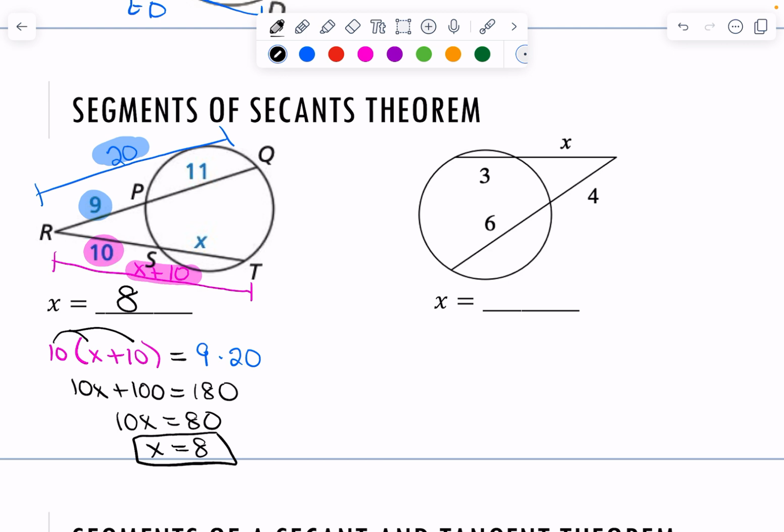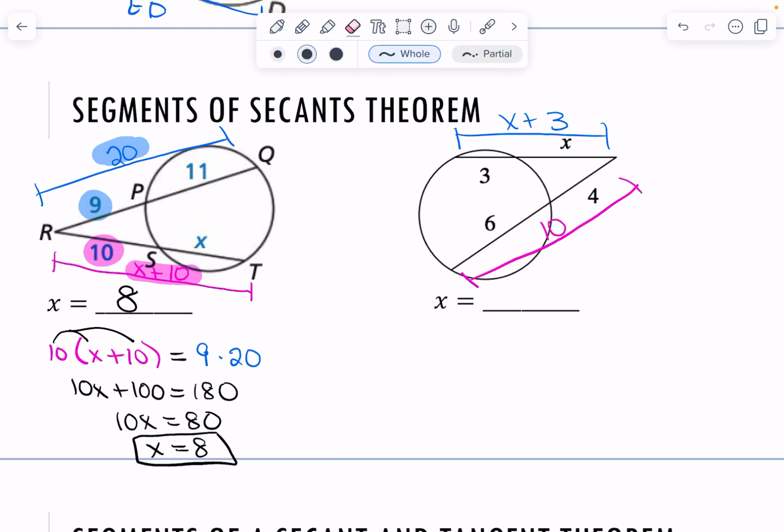Okay, let's try the second one over here. The first thing I'm going to do is find my lengths. I've got this measurement, and the full length would be x plus 3. The second one here, the full measurement would be 10. So now I'm going to have x times x plus 3.